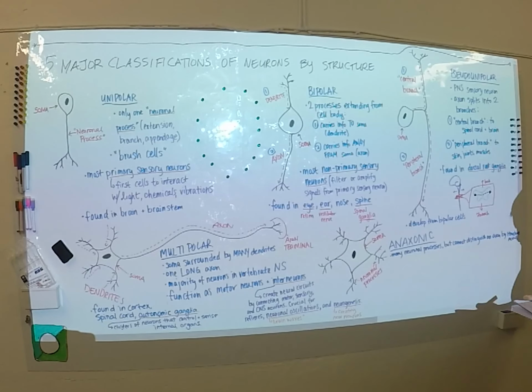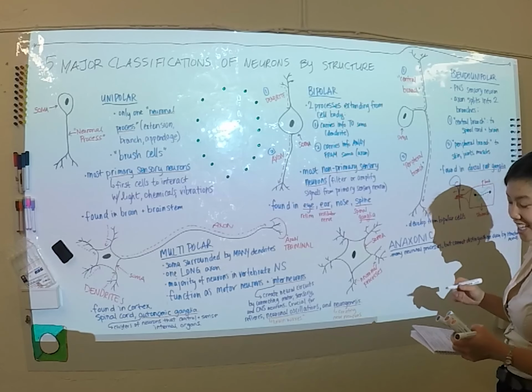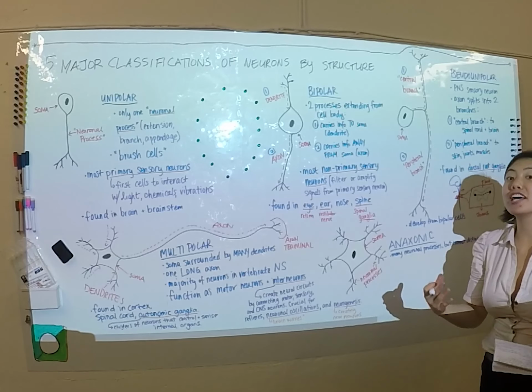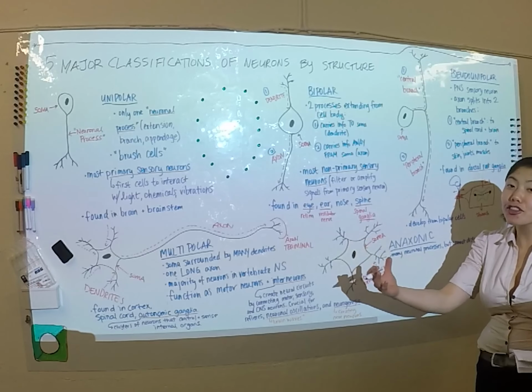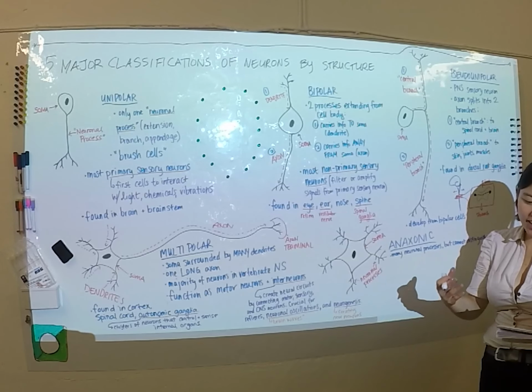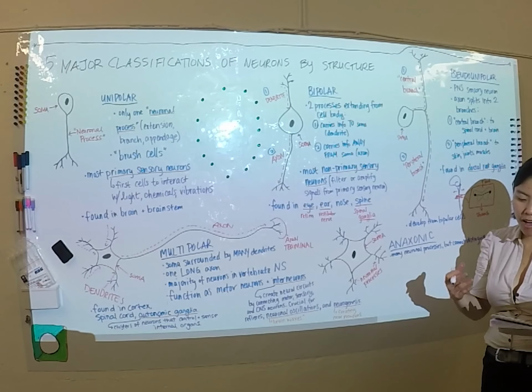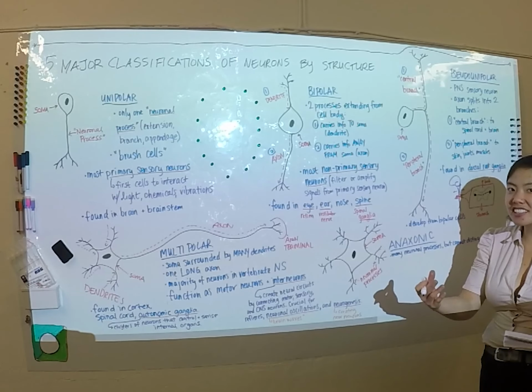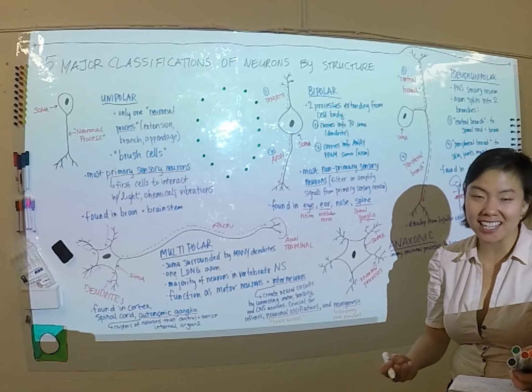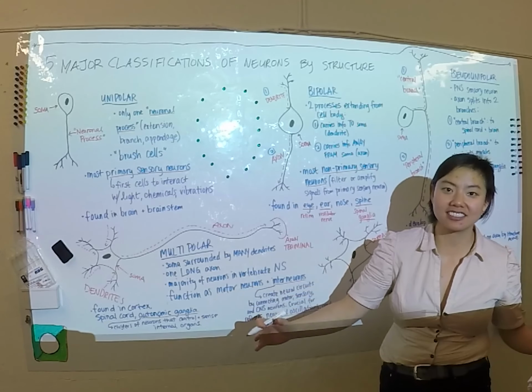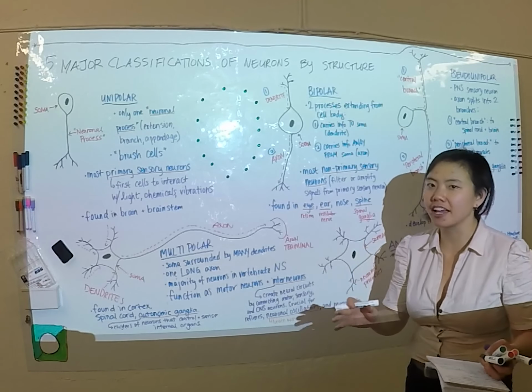Okay? Then, so what do these do and why are they important? All right, so these cells, anaxonic cells, they can influence the electrical excitability of other cells. So they can affect how good a signal is, how strong a signal is, and how long the signal lasts from other cells, okay?